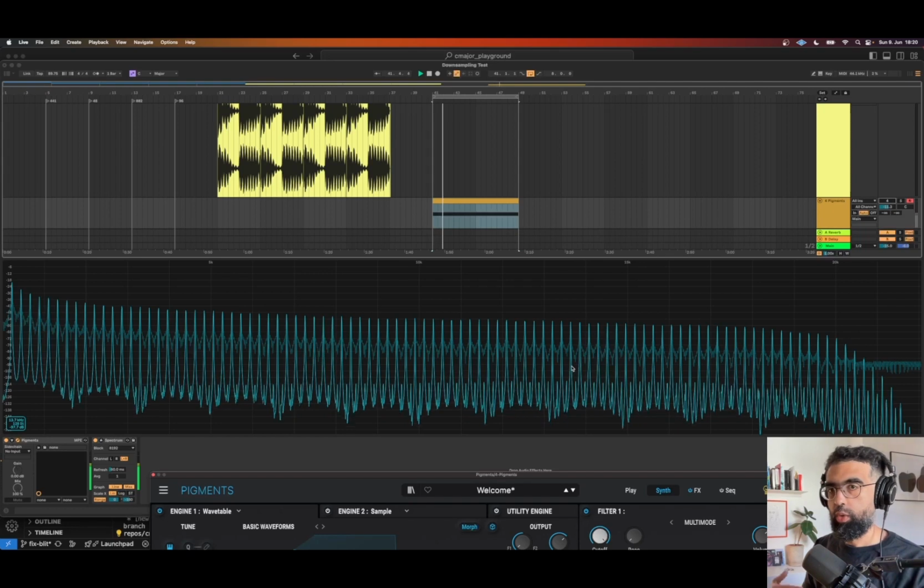So fundamental times x, where x is an integer starting at 1. So we expect to see a harmonic at, again, 220, I think more a limit of the display than actual inaccuracy. Then we expect to find one at 440. Cool, pretty much. And then one at 660. Yep. And then, of course, one at 880.